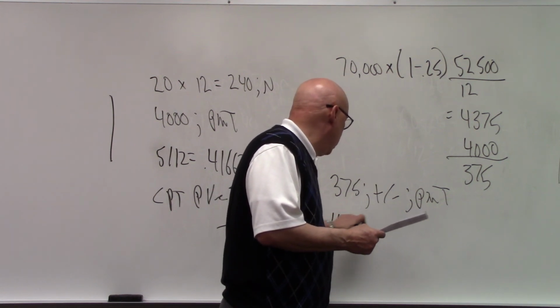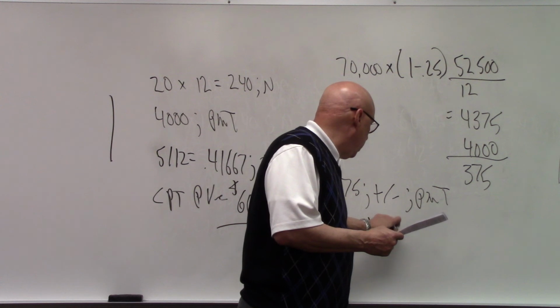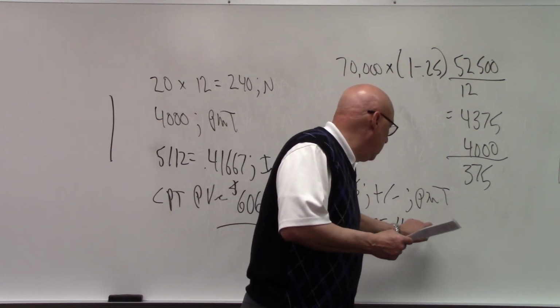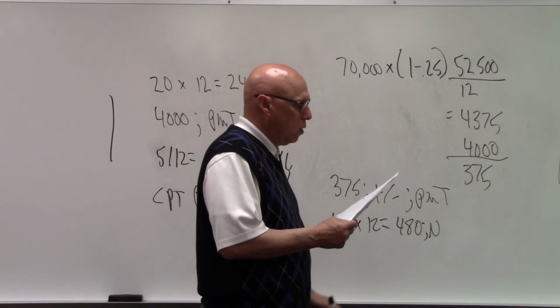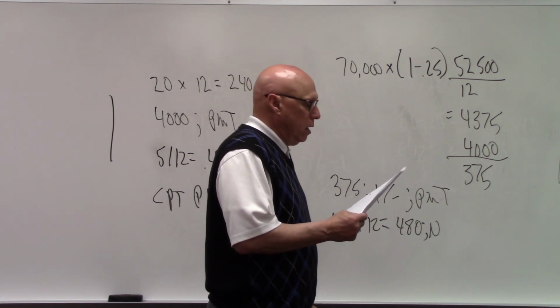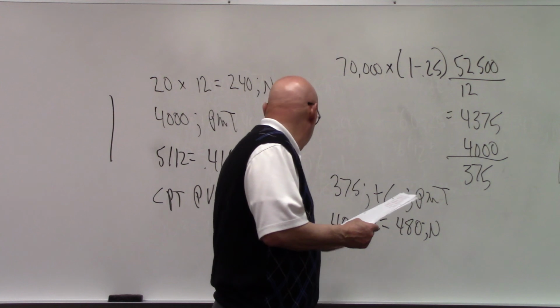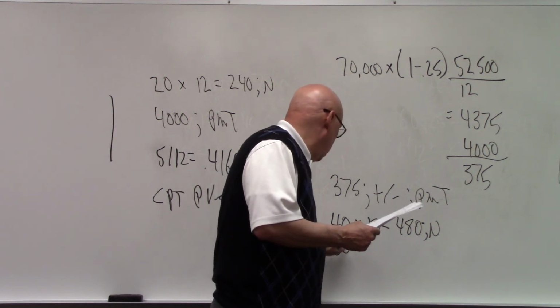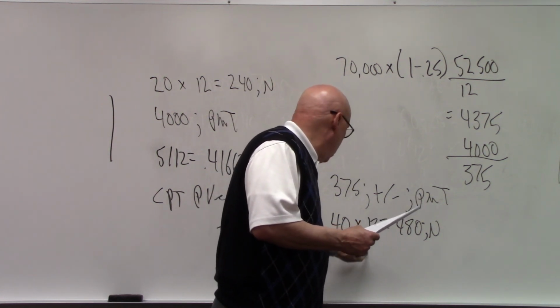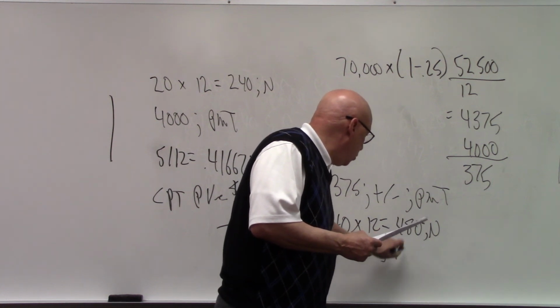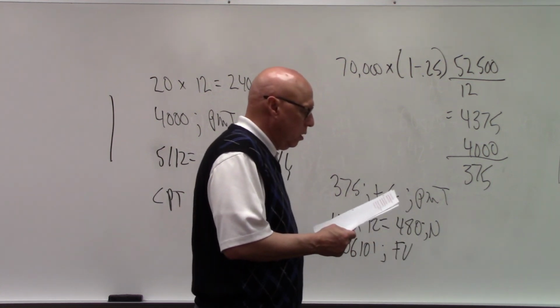So 40 years times 12 months per year is 480 months is your N. Okay, so you got a good long while there. And you're going to need 606,101 is your future value.